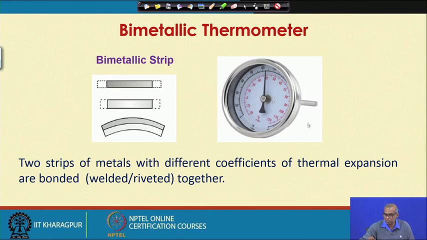A bimetallic thermometer looks like this. So, what you see from outside is a pointer and scale, dial, and you see this part. This is put into the medium whose temperature you are measuring.